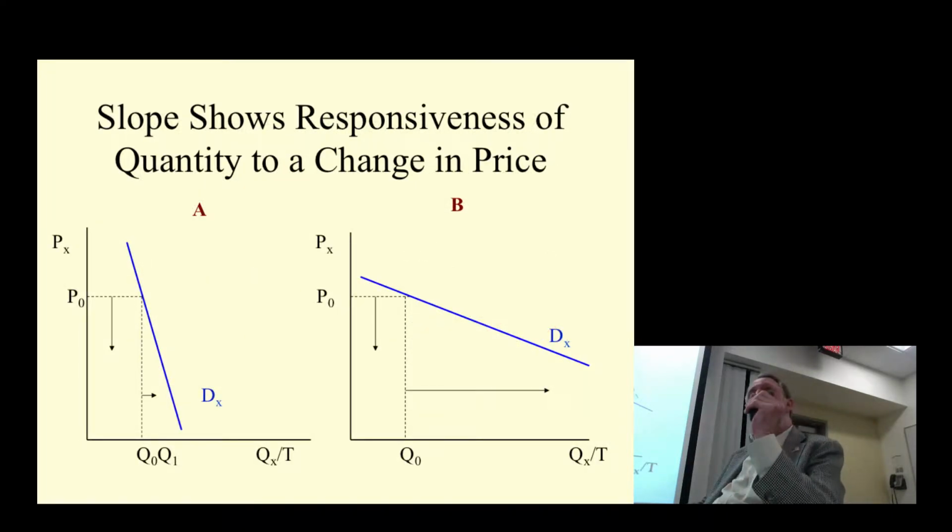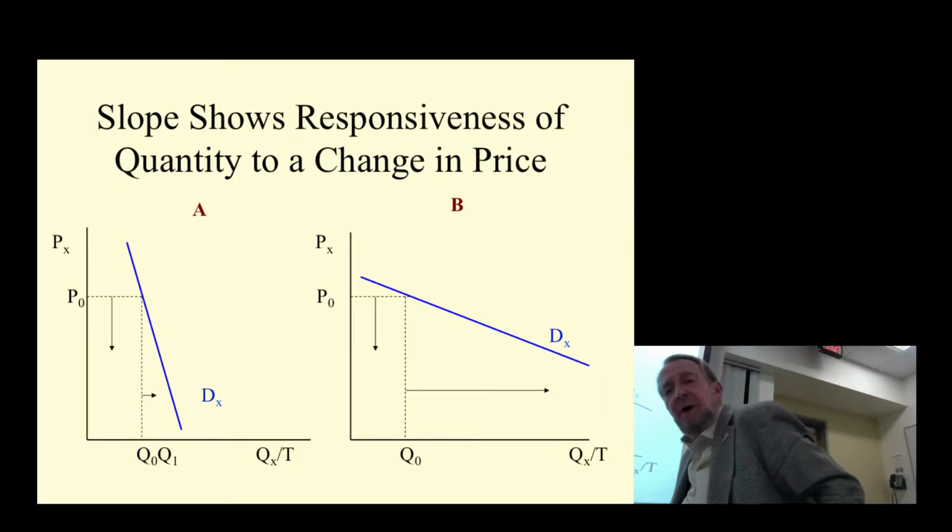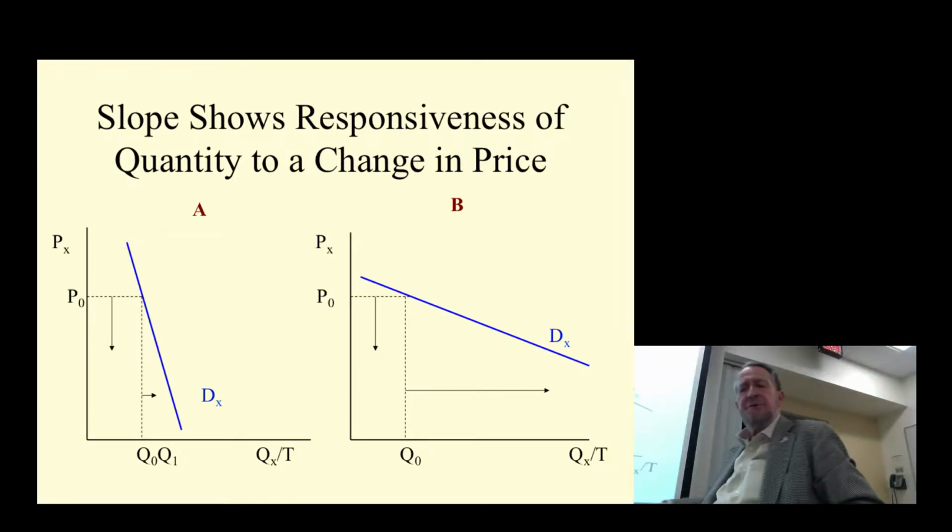So the first measure of responsiveness on these curves, on these graphs, would be the slope of the curve. If you look at these two curves, A and B, which shows a greater quantity response to a change in price? Quantity is measured horizontally, so think about the price change, and then think about the change in quantity demanded.